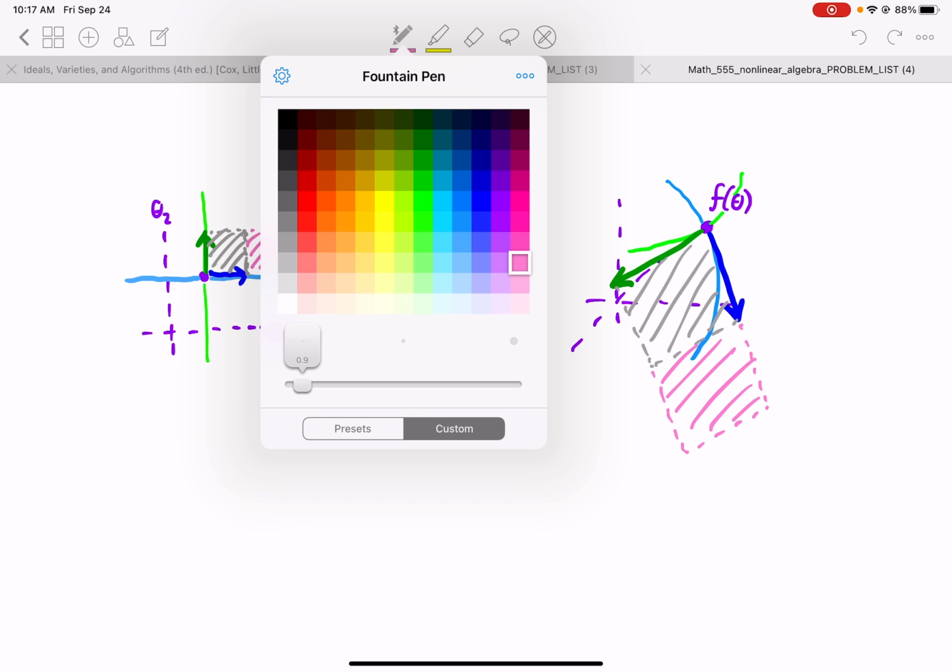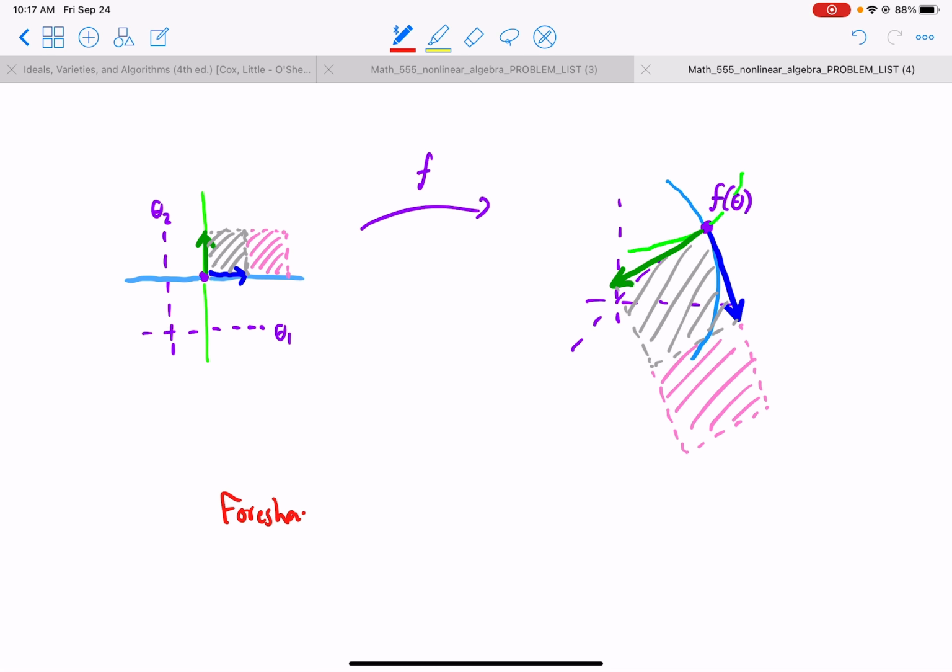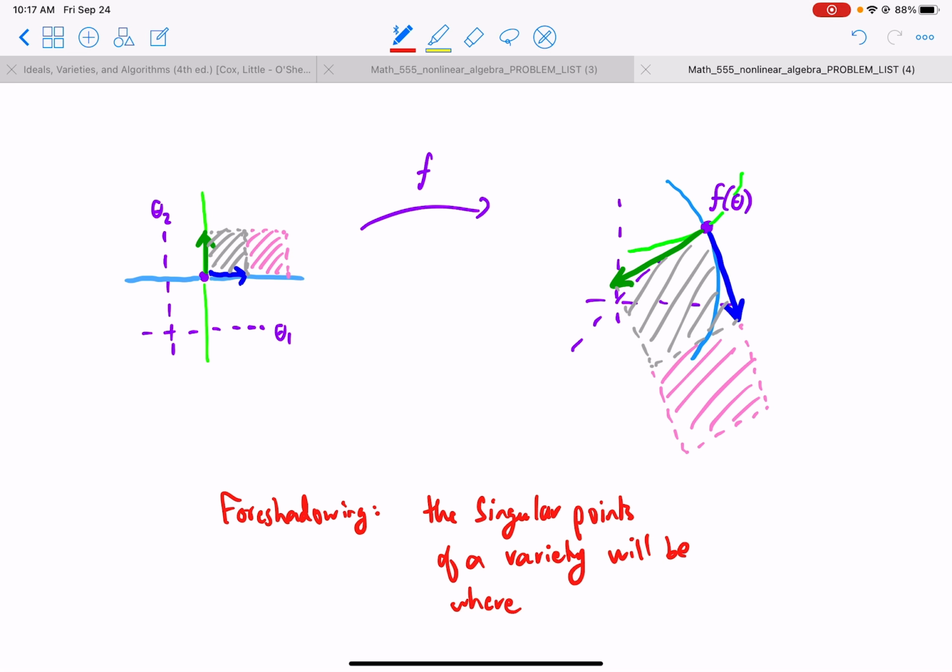I'll say foreshadowing: the singular points of a variety will be where the derivative breaks down. For now, I won't say what breaks down means. Okay, I will. It drops rank. The derivative is a matrix, maybe a rectangular matrix. Here, it was a 3x2 matrix on the board.